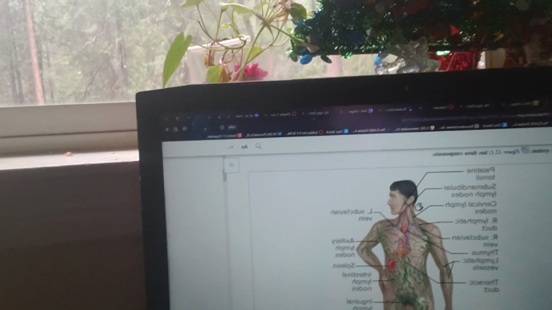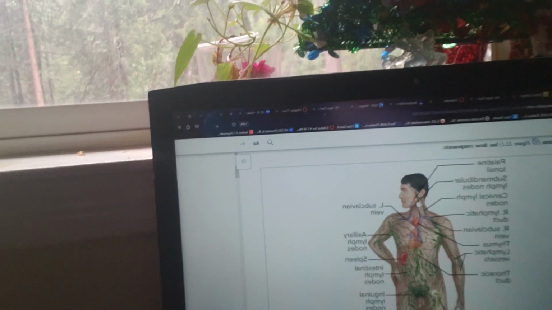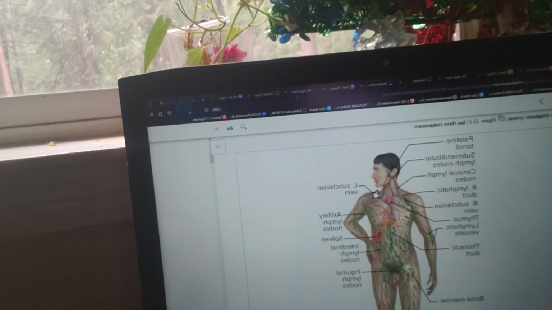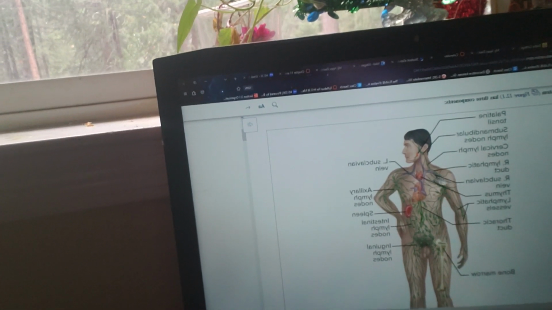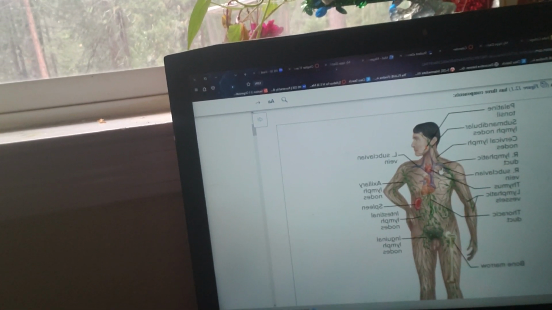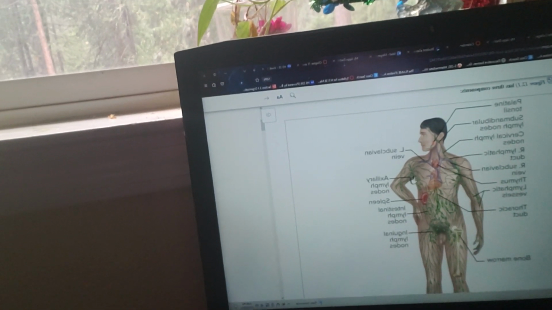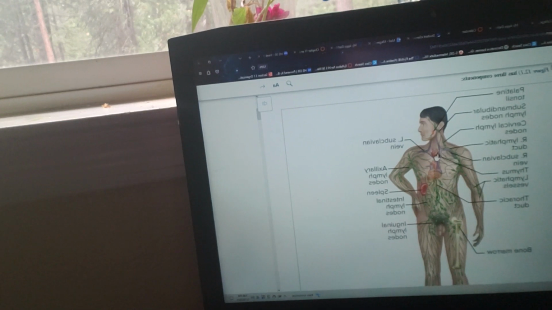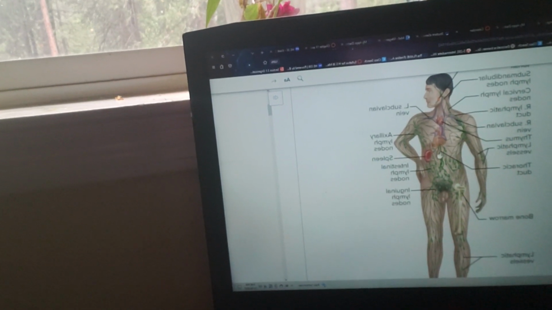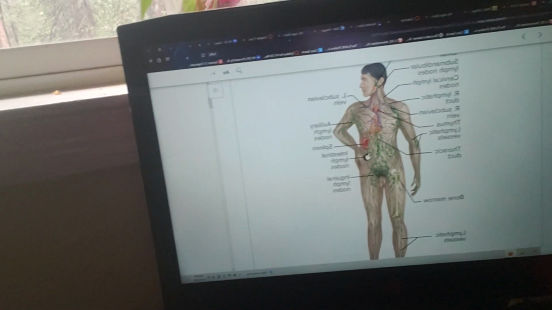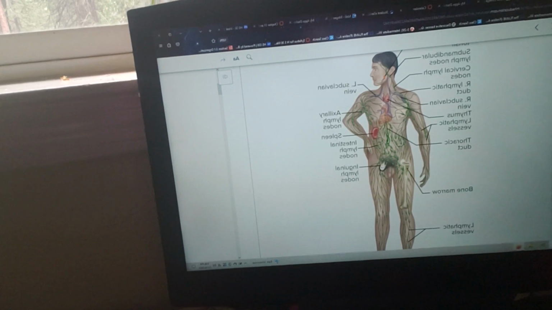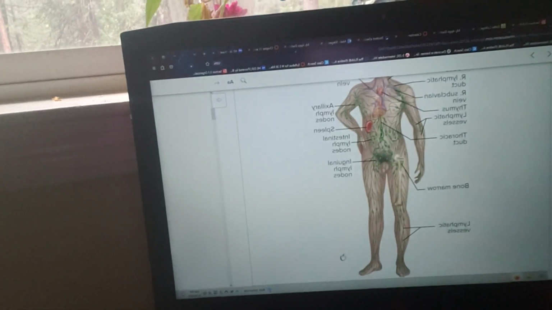Submandibular lymph nodes, cervical lymph nodes, subclavian vein, lymphatic duct, subclavian vein, axillary lymph nodes, thymus, lymphatic vessels, thoracic duct, spleen for your lymph system, interesting, intestinal lymph nodes, inguinal lymph nodes, bone marrow, lymphatic vessels. Cool.